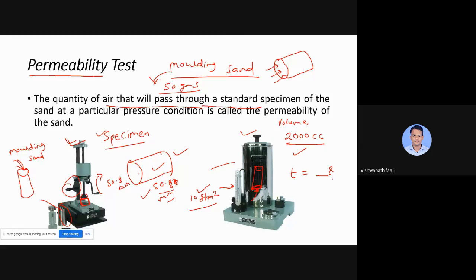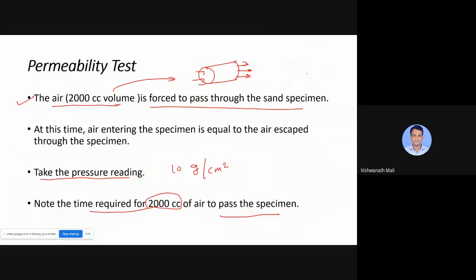We pass a certain amount of air through this sample, and this air will pass through and escape from the other end. We note down the time required for this amount of air to pass through the sample. With the help of that time, we calculate the permeability number, and with the help of that permeability number, we decide the porosity of our molding sand. So this is the permeability test.